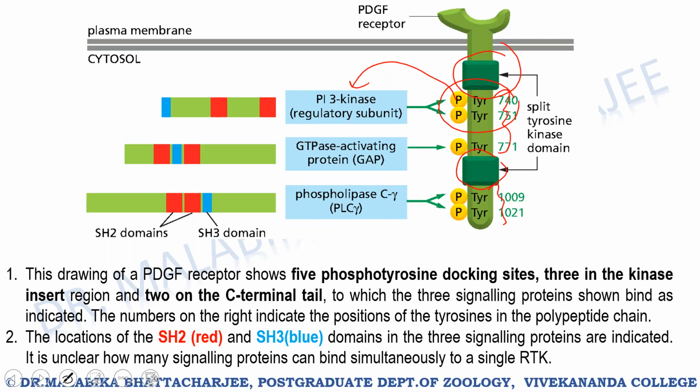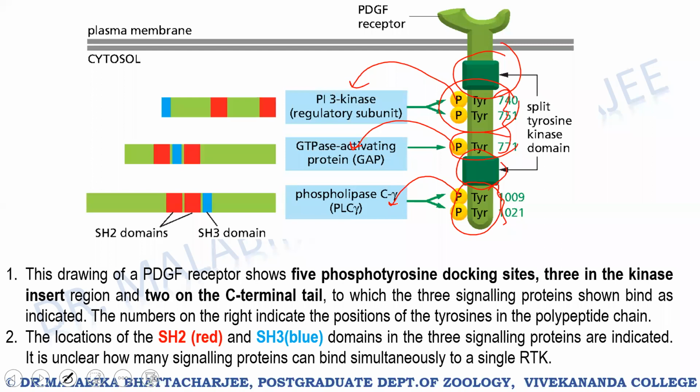If the 771 tyrosine residue is phosphorylated, you can see it's a GTPase activating protein. And if this tyrosine is phosphorylated, you can see it is the activation of phospholipase C gamma.